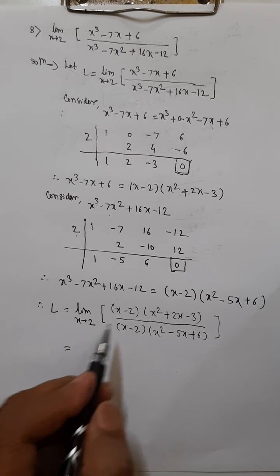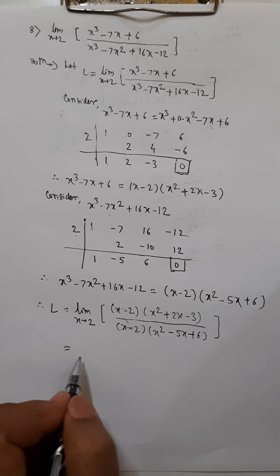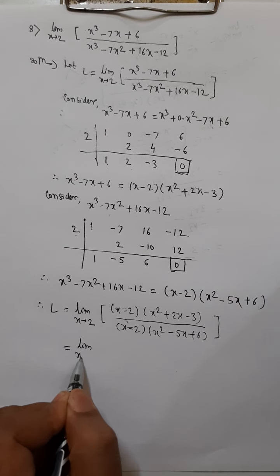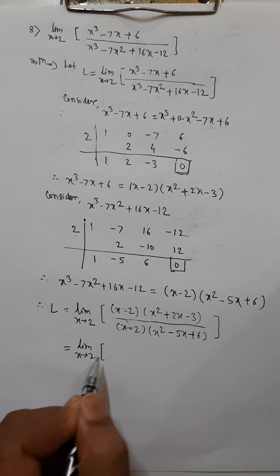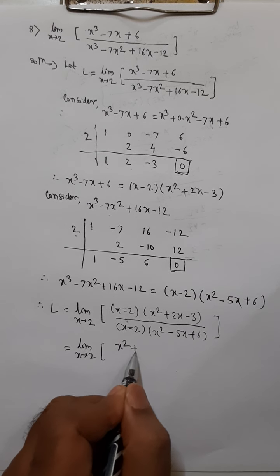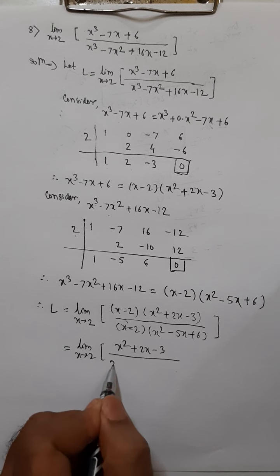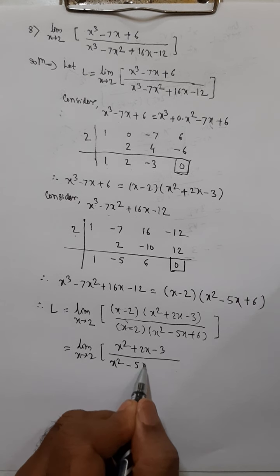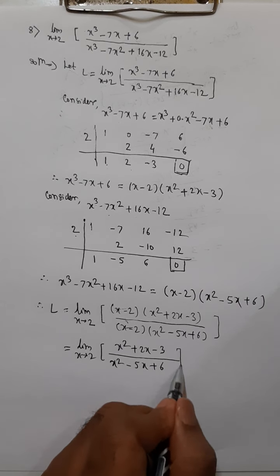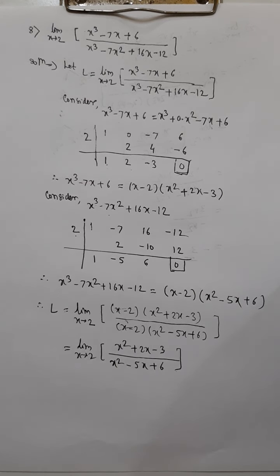We get the common factor x minus 2, which is cancelled, and we get limit as x tends to 2 of x square plus 2x minus 3 divided by x square minus 5x plus 6. Again we get quadratic expressions in both numerator and denominator.